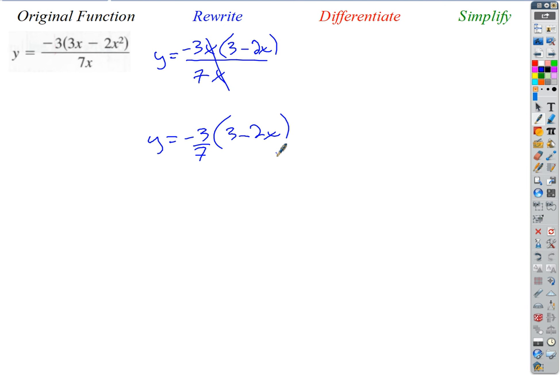Differentiate term by term and distribute the negative 3/7. So what does that derivative end up being? Derivative of 3 is 0. If I just multiply it out, I end up with 6/7. Okay.